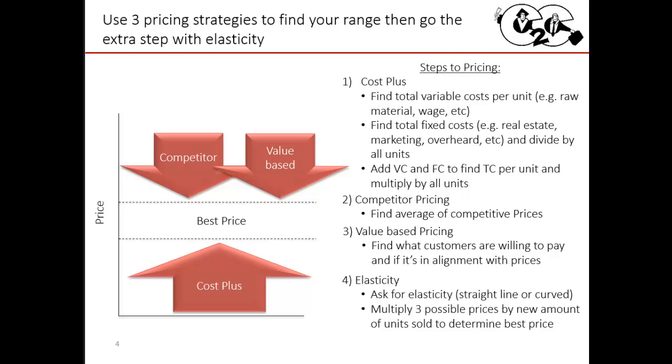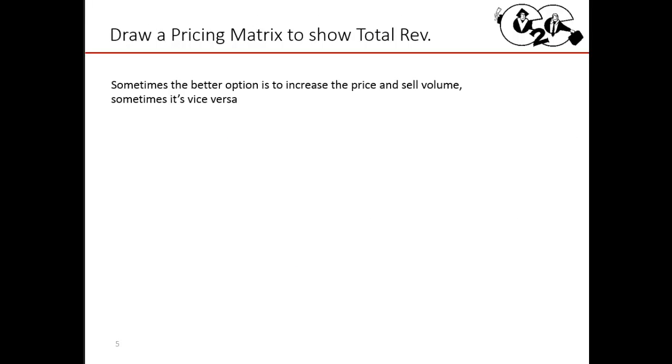So look for 3 possible prices and look for the new amounts of units that will be sold to determine the best price. Let's do an example. Again, sometimes with elasticity, the best option is not always to decrease prices, but sometimes to actually increase the price, sell less volume, or maybe vice versa.